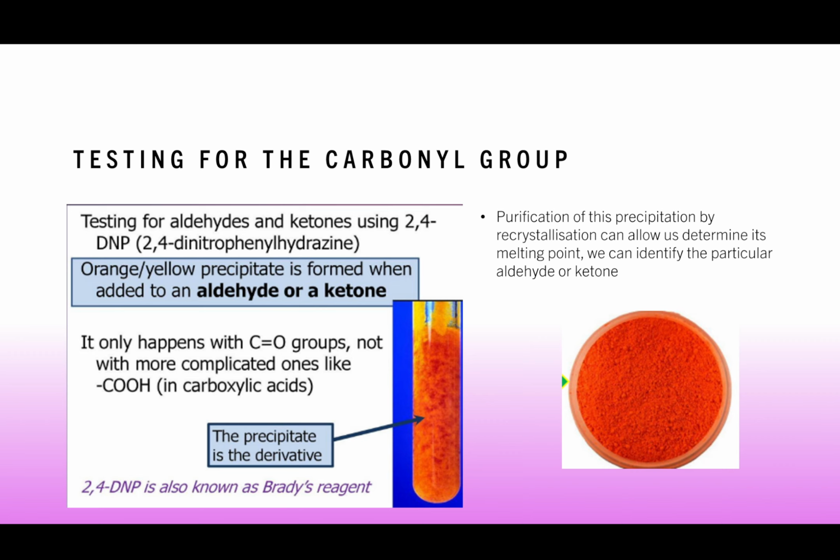Sorry for coming late, but I have a question. You said it only happens with C=O groups, not more complicated ones. Why doesn't it precipitate the more complicated ones? It would be steric hindrance. So steric hindrance is probably the most simple way I can explain why it does not happen in that case.